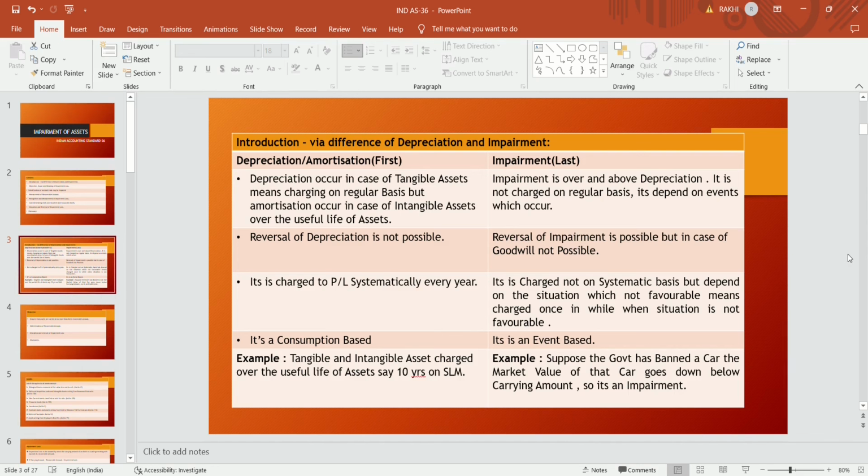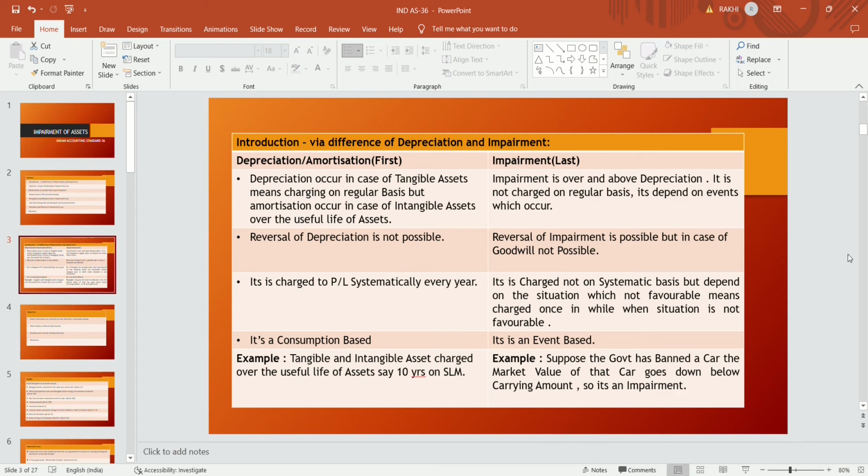So depreciation is to be charged to P&L every year on a systematic basis, but impairment is not charged on a systematic basis. It depends on the situation, which is not favorable. It means impairment is charged once in a while. Depreciation is consumption based, meaning how much you consume that asset.